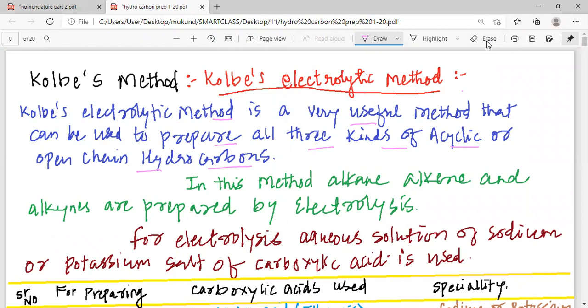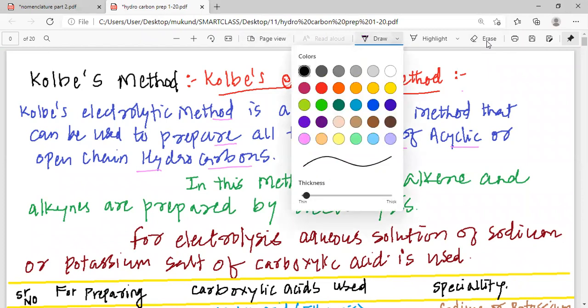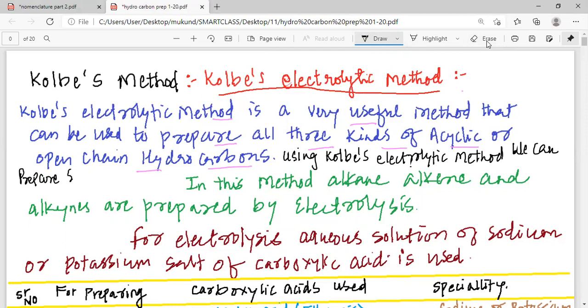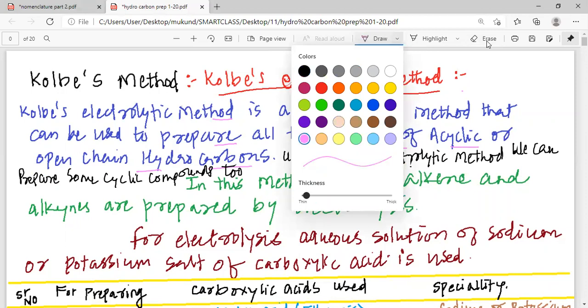Please remember, my dear students, that using Kolbe's electrolytic method, we can even prepare some cyclic compounds too. Now let's move forward.